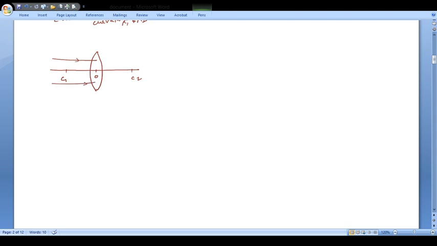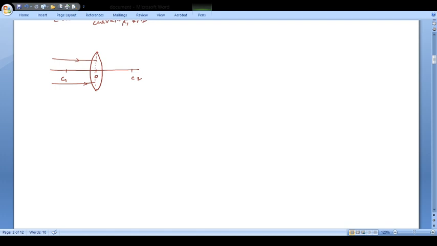Now see here, what you will do is, देखो इसमें deviation होगा because of there will be a refraction. So you always show it from the center of the lens. देखो मैं refraction center of the lens से दिखाती हूँ. So here you will find that since it is going to be a converging lens, you can see the rules, है ना? You can see that it is going from denser to rarer. So it is going to bend towards the normal or away from the normal. So all rules are valid here.